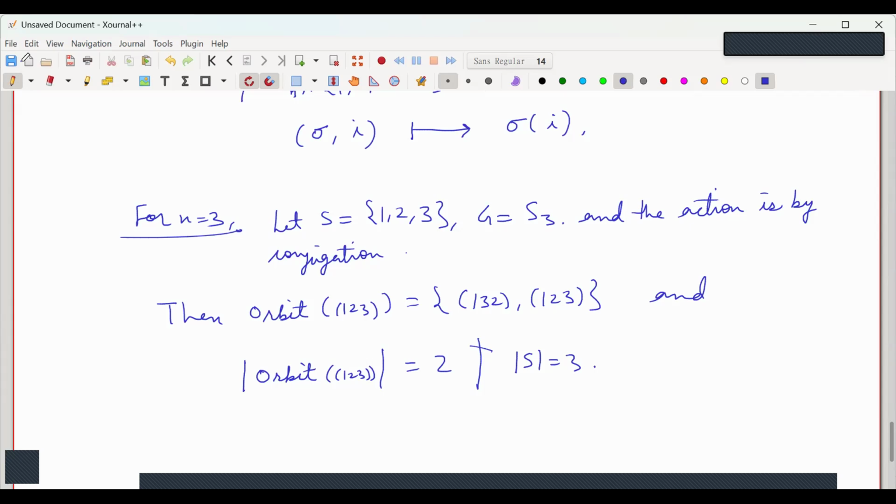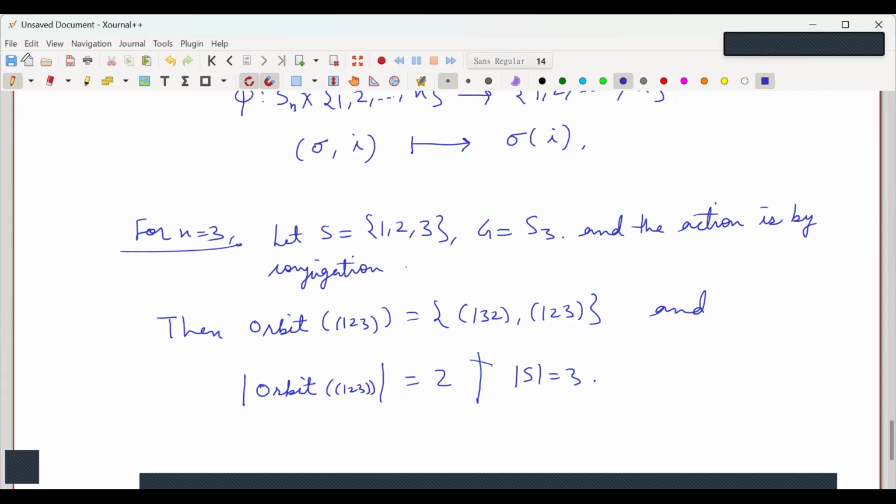But the problem here is the group has order 6. It's not having order 112. But you can definitely get examples where the size of the orbit won't be dividing the size of the entire set S.